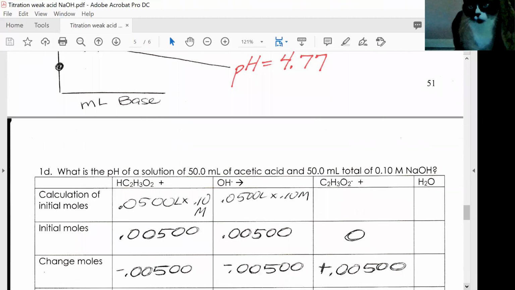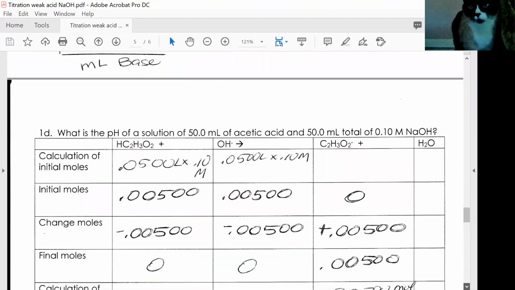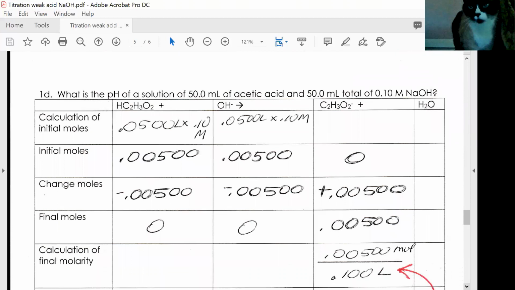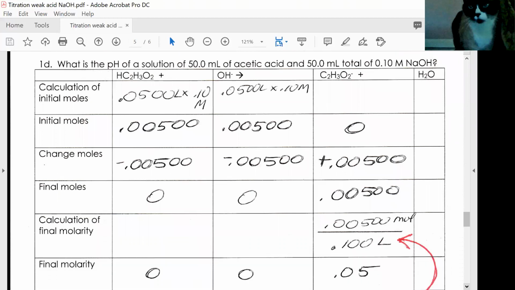Okay, 1D, same problem. What is the pH of a solution of 50 milliliters of acetic acid and 50 milliliters of base?